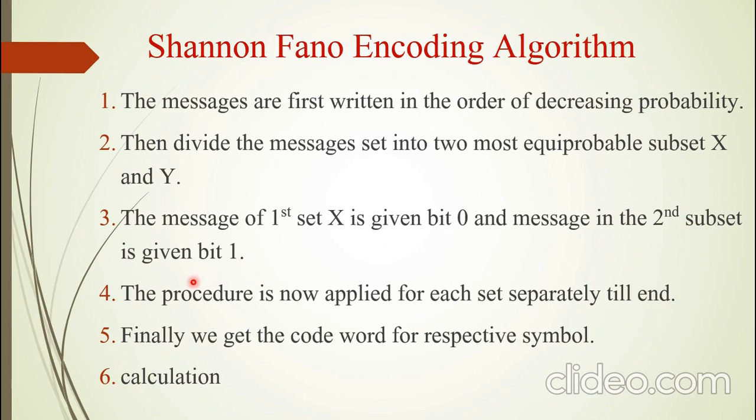Number 4, the procedure is now applied to each set separately till the end. Number 5, finally we get the code word for the respective symbol. And the last one is calculation.